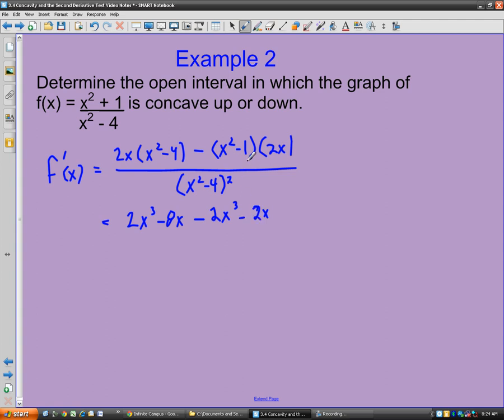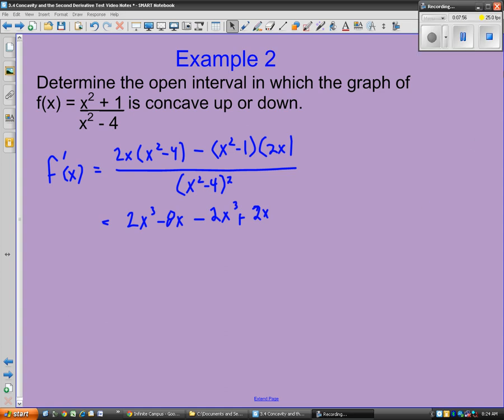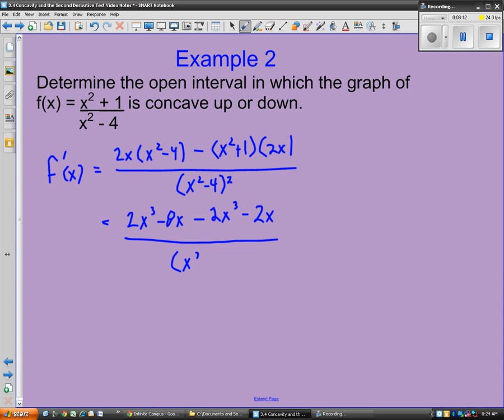I lost it. So I messed up a sign in here, and so like I said, it should be a negative 2x. That's what I was getting originally, and so I messed up. Since I messed up that sign, I should have a negative 2x down there. And so then all of this is still over x squared minus 4 squared. So simplification of the top gives me a nice little negative 10x all over x squared minus 4 squared.